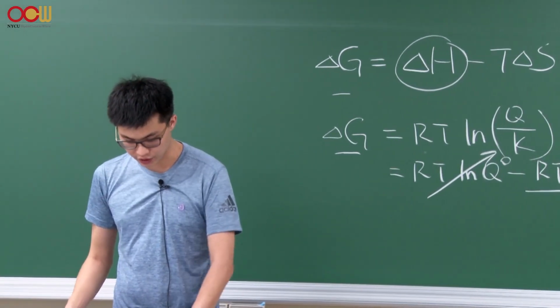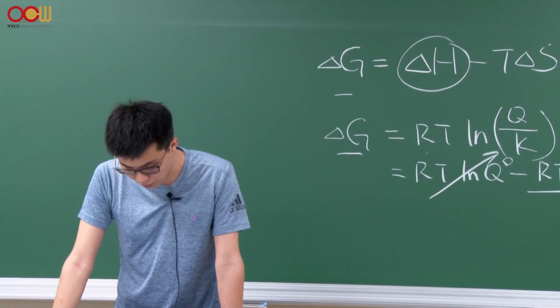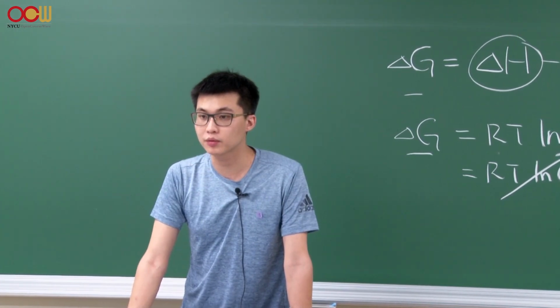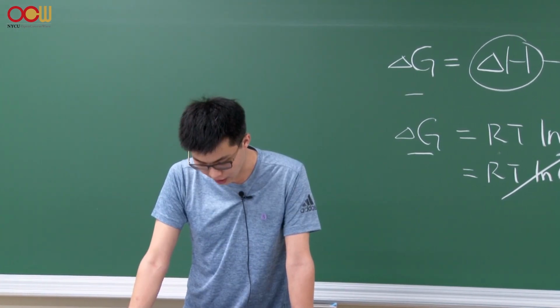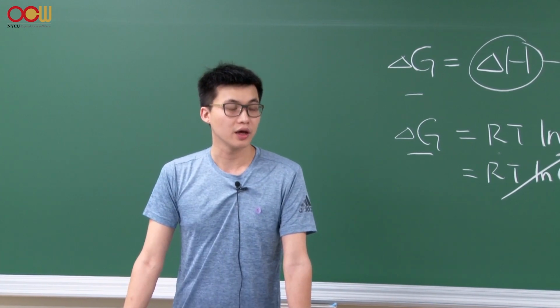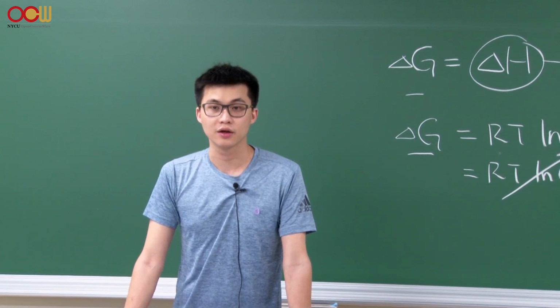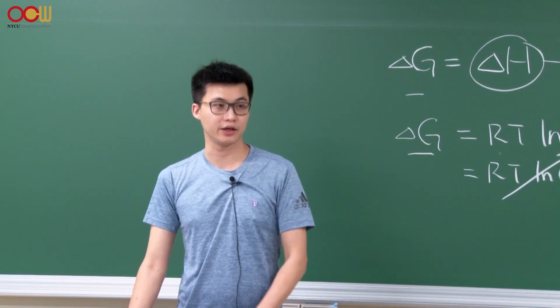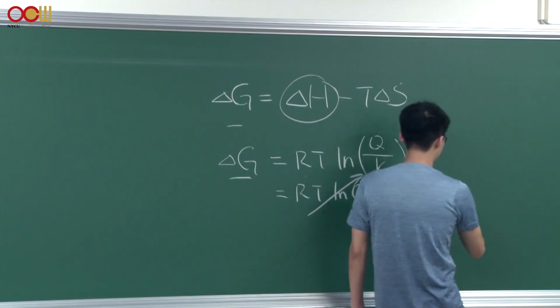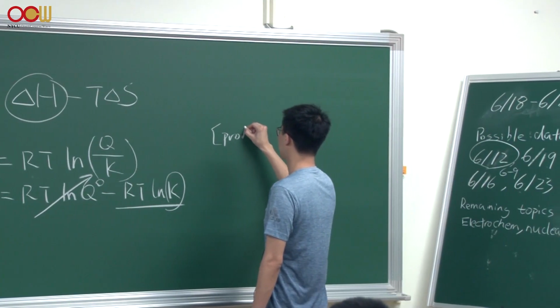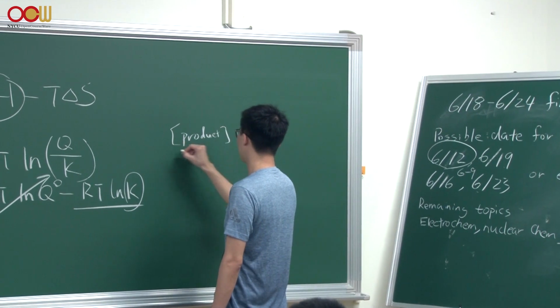From this equation, what we can do is, when the delta G is given, for example, in sample problem 20.9, you can calculate delta G from the equilibrium constant, and you can calculate the equilibrium constant from delta G. So what does that mean mathematically? We know K is product over reactant.